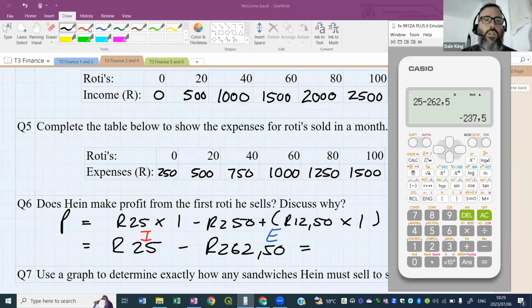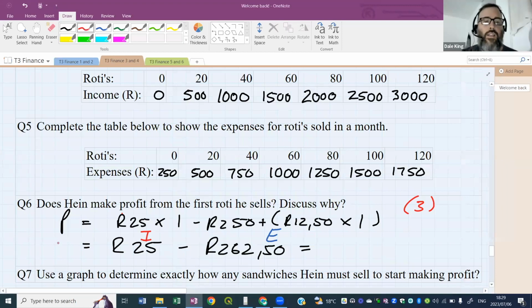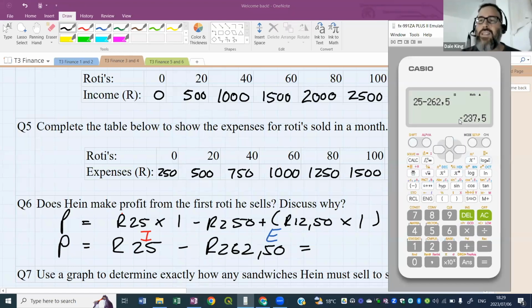In fact, your equation should change to L, but we don't put an L there. We interpret that there is no profit. In fact, it is a loss. When we see the negative, there is no profit. It has to be a loss. So we call it the profit equation, calculating profit, but actually he's making a loss. It's the opposite of profit. So when you see a negative, this business is making a loss. And minus 237 rand 50.